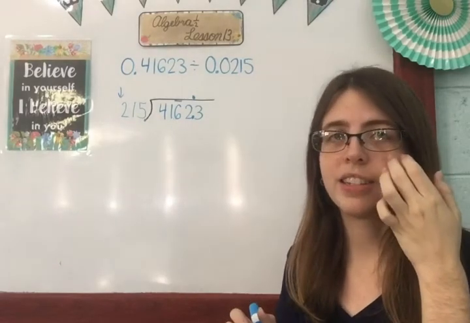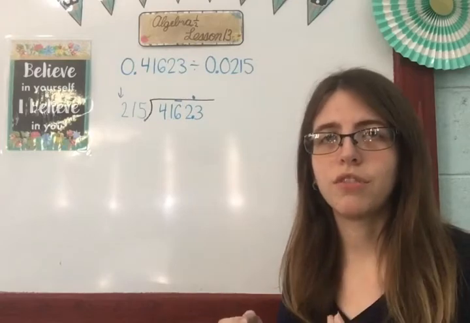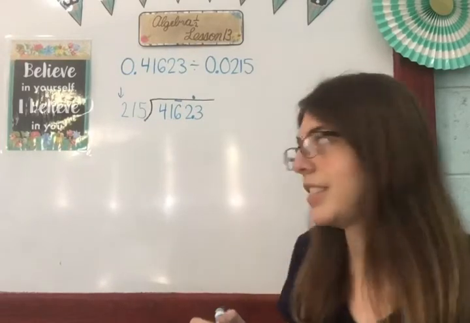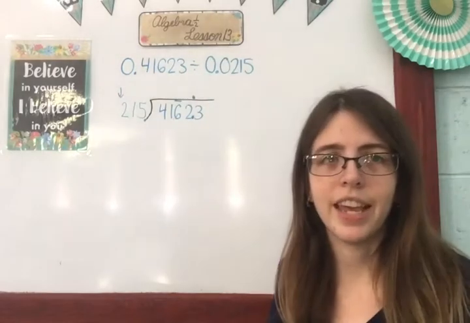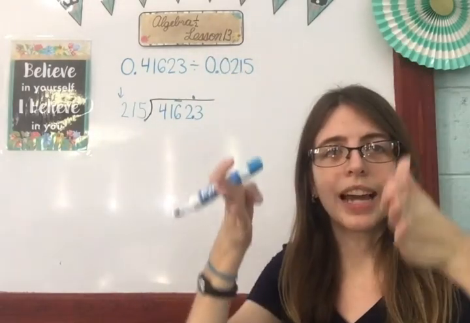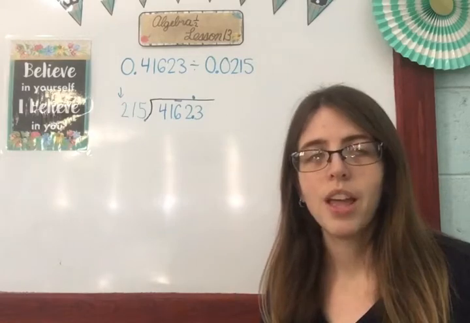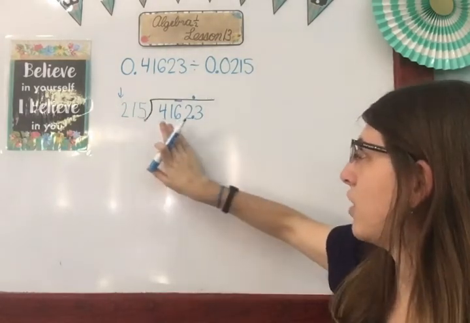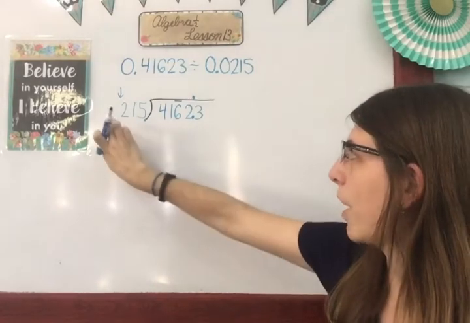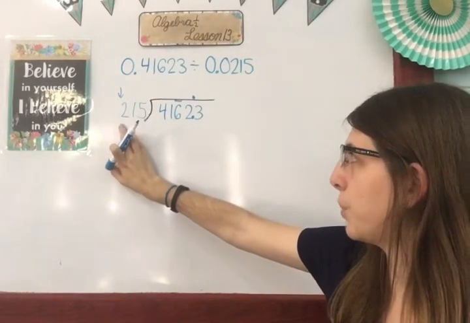So when I estimate how many times 215 can go into 416, that number is going to go right here above the 6. Make sure that you keep your numbers nice and neat and even in a row so that there's no confusion. So 215 into 416. Well, to estimate, I look at the 2.